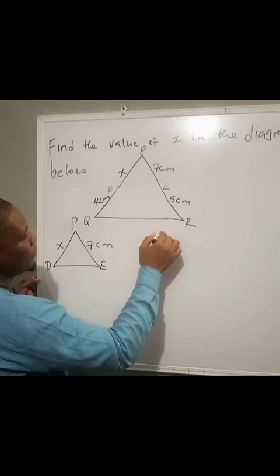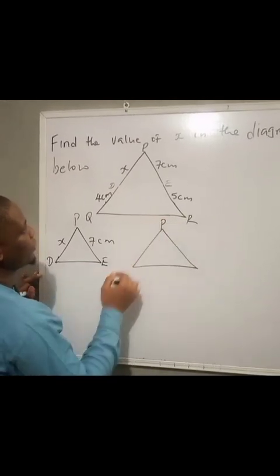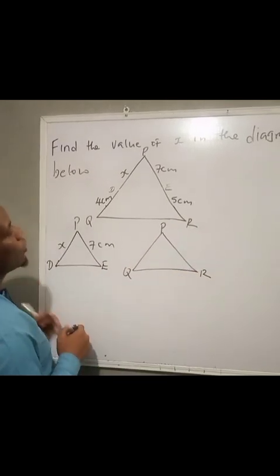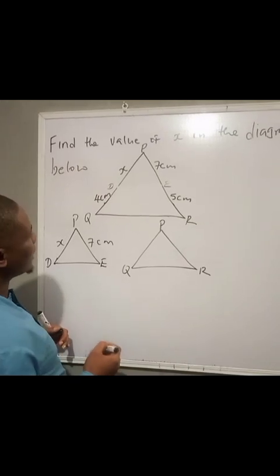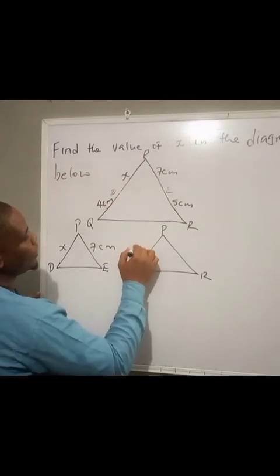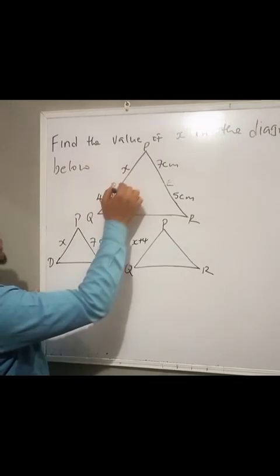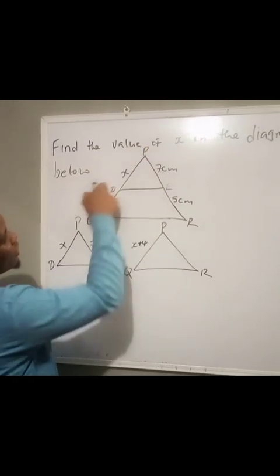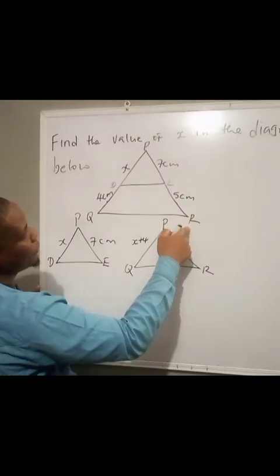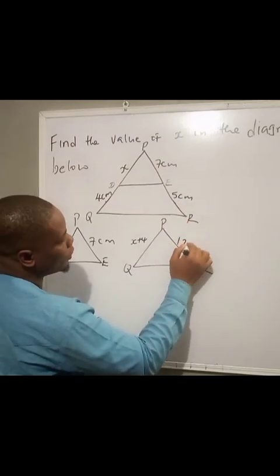So I can come here now and have the bigger triangle, the same P and Q, then this is R. The one major thing you will look at now is, PQ will be x plus 4 because we are dealing with the whole length here. PQ is x plus 4, while PR will be 7 plus 5, which is 12cm.